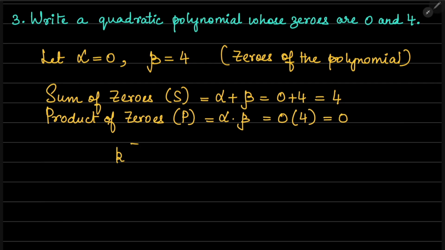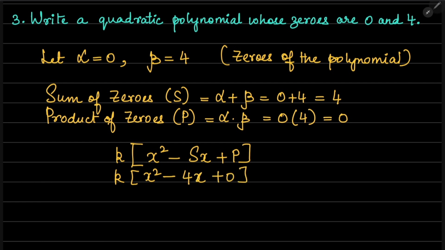Now, as I told you in the previous question, substitute it in the standard quadratic polynomial formula, which is k multiplied by x square minus sx plus p. So k multiplied by x square minus the sum, which is 4x, plus 0.